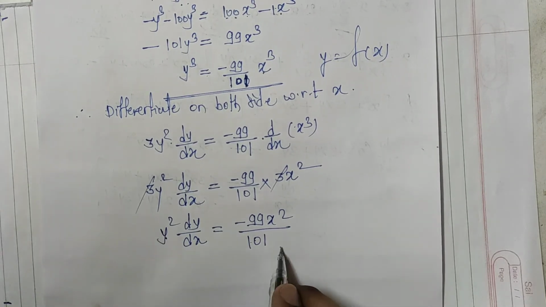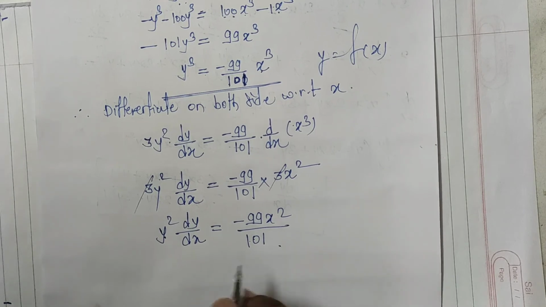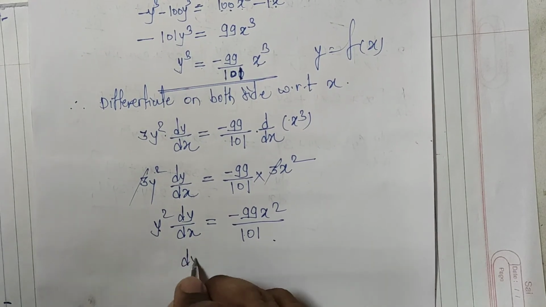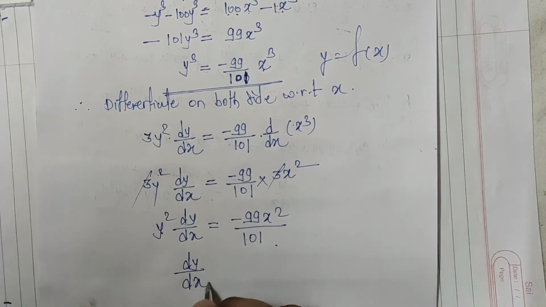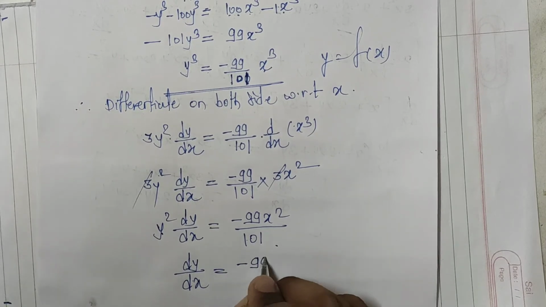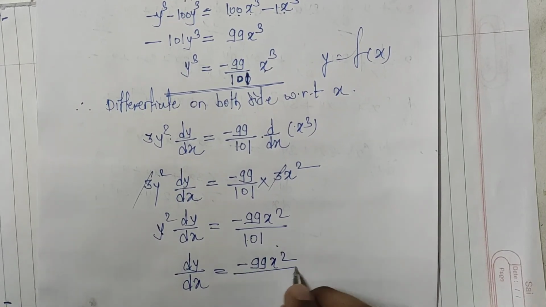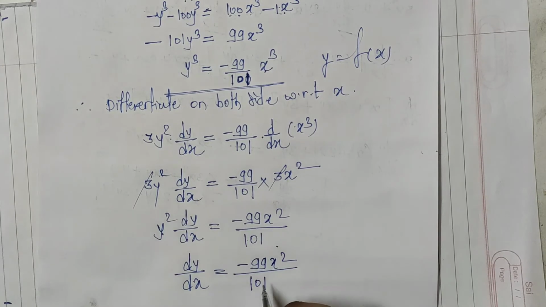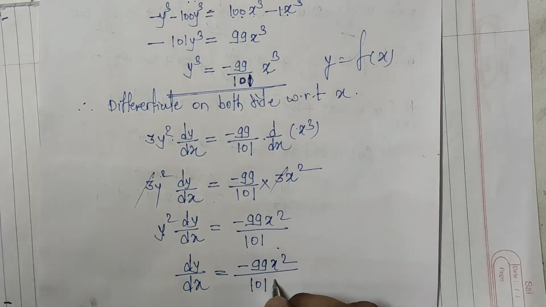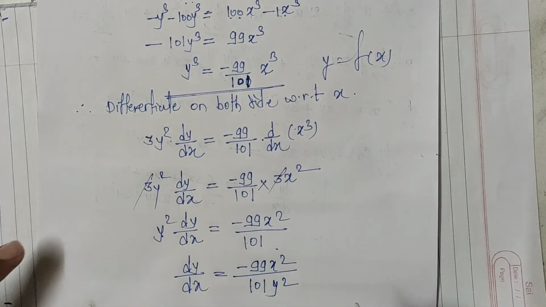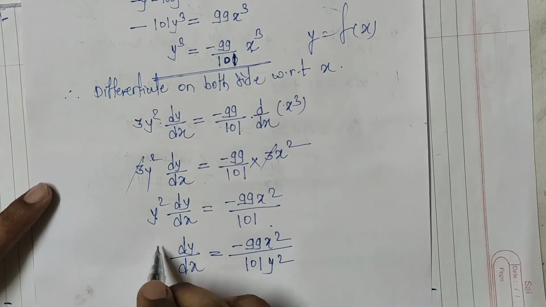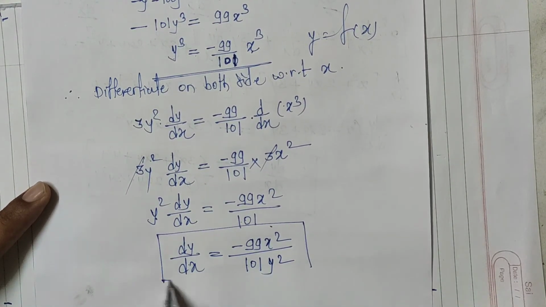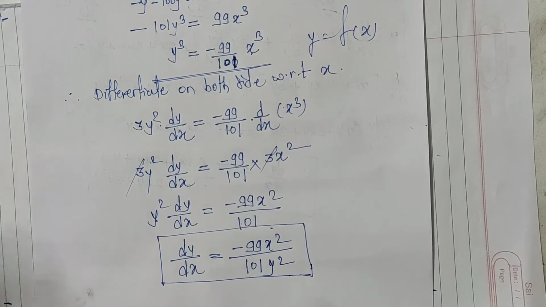If you move it to the other side, it becomes the denominator. Therefore dy upon dx is equal to minus 99 x square upon 101 y square. Therefore we get our required solution.